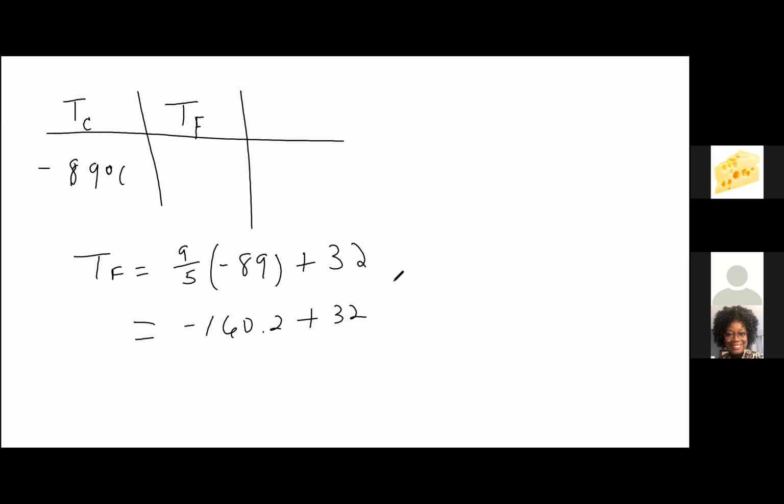So when we do that, we get -128. And then we're going to say what? Degree Fahrenheit. That's how we do it. Okay? So -89 degrees Celsius is equivalent to -128 degree Fahrenheit. That's very, very, very what? Cold. When you agree that's very cold? And that was a temperature that was recorded at a Russian space station in Antarctica.